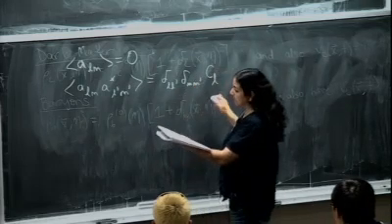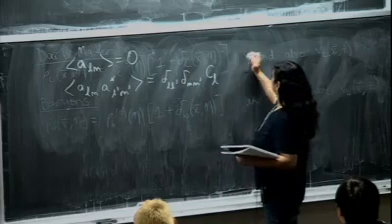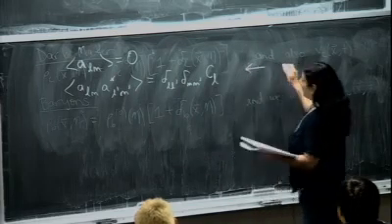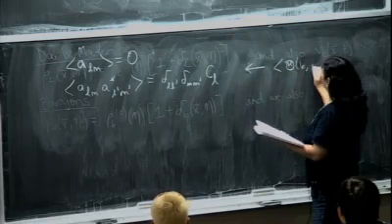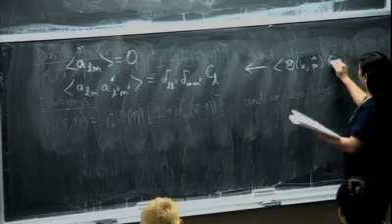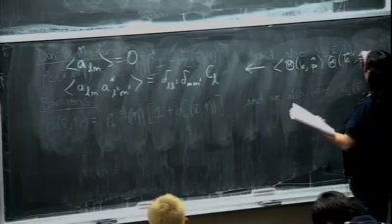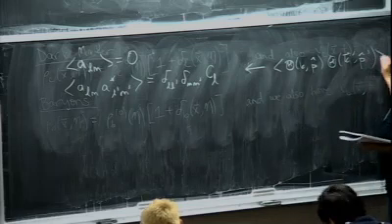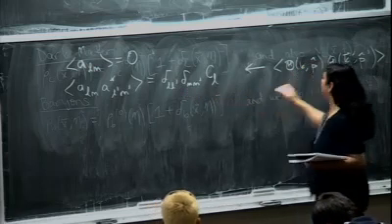And in order to get this quantity, I'm going to need theta k p, theta k' p', because that's going to come out in my equation when I try and calculate this.